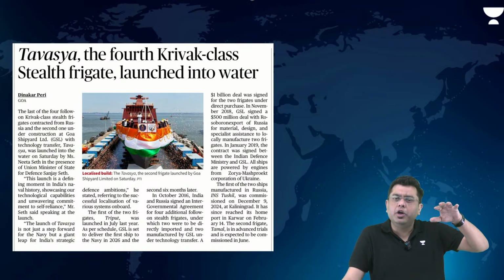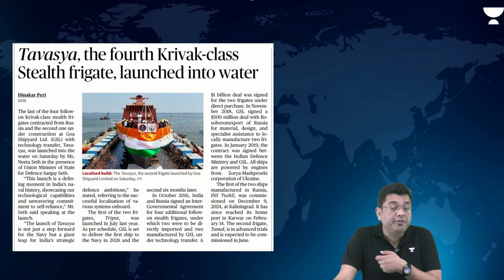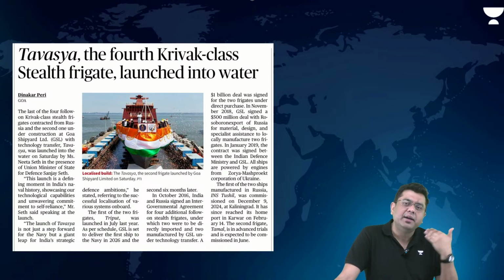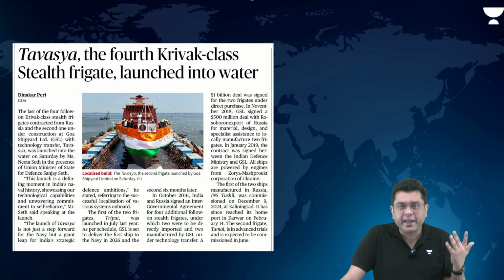So these are medium-sized ships for enhanced surveillance and very swift action, stealthily sneaking into an enemy monitored area and launching quick attacks, and after that the destroyers and then the aircraft carriers and the submarines take over.